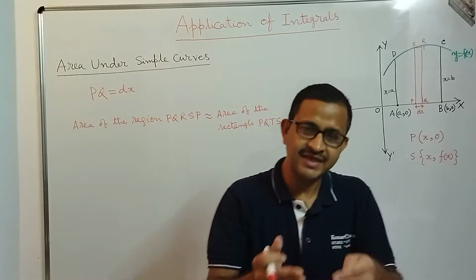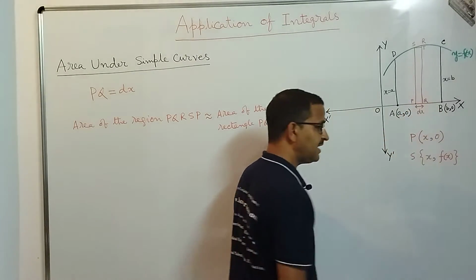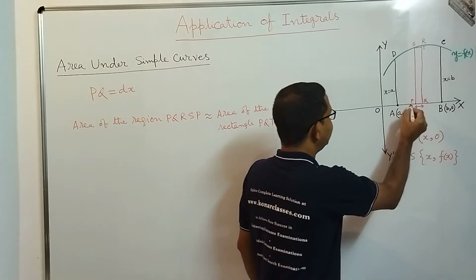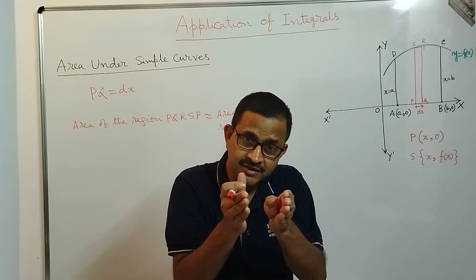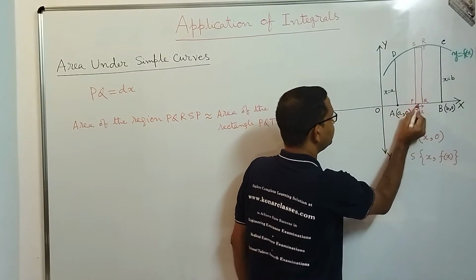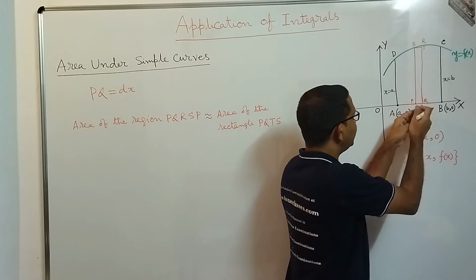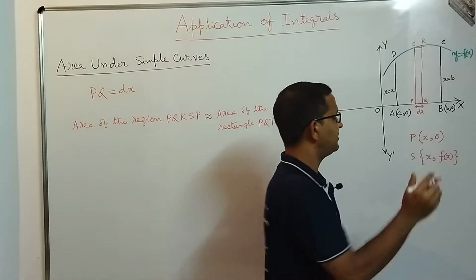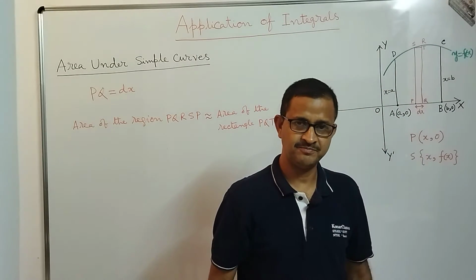Or we can say in another way that if we bring the points P and Q together, then the entire region PQRS will become a rectangle, correct? Here we consider PQTS a rectangle, but if we make the points P and Q very close to each other, then S and R should also become very close to each other.